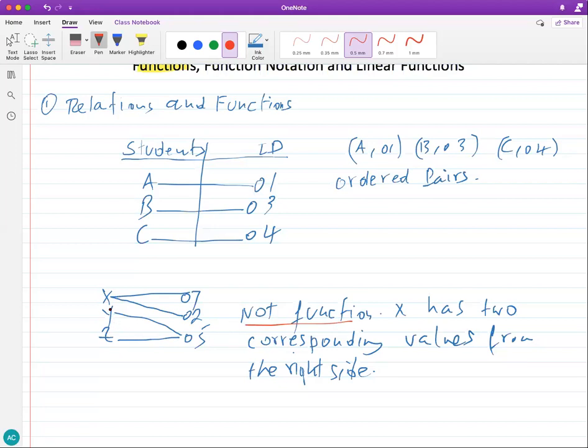However, this is fine. Two elements from this, x, y, and z, may share the same value. For example, two students may have the same age. Here, one student cannot have two of the same thing, for example, two IDs or two dates of birth. So exactly this part here makes this not a function.